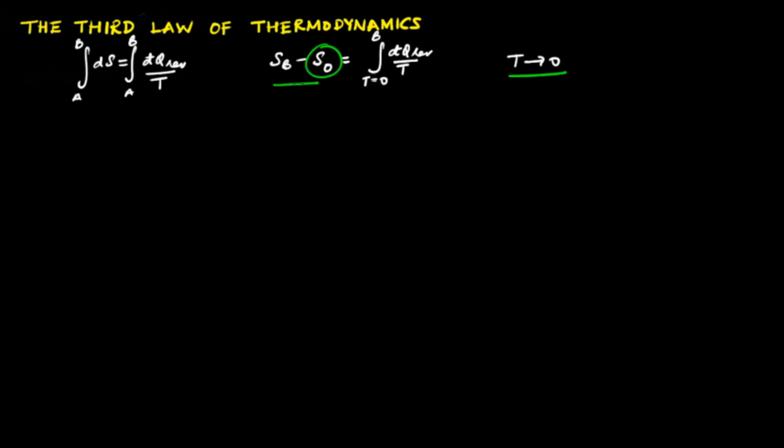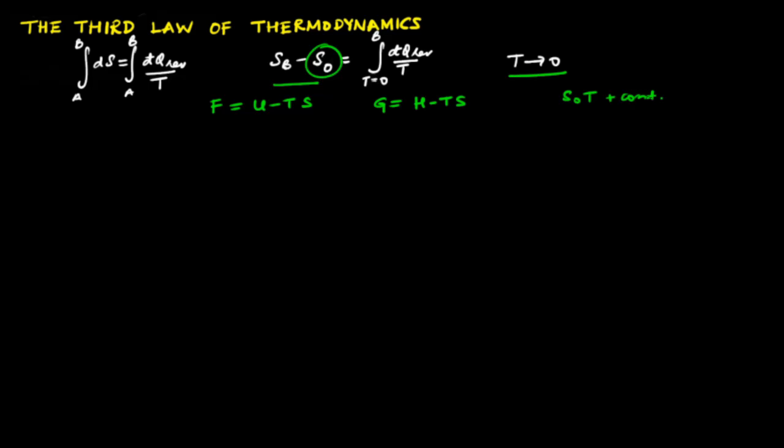However, in the expressions of the Helmholtz free energy, that is F is equal to U minus TS, and the Gibbs free energy, that is H minus TS, if you use the value of entropy, then they have this term S0 T plus constant.